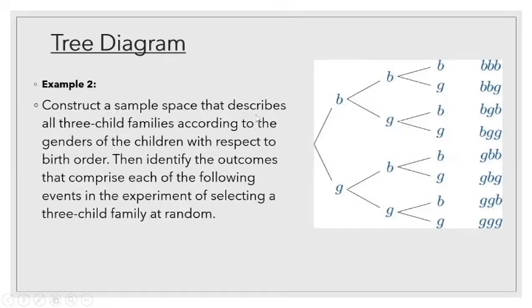Construct a sample space that describes three-child families according to the genders of the children with respect to birth order. Then identify the outcomes that comprise each of the following events in the experiment of selecting a three-child family at random. So we'll look at some questions based on this soon, but this is how the tree diagram will look.